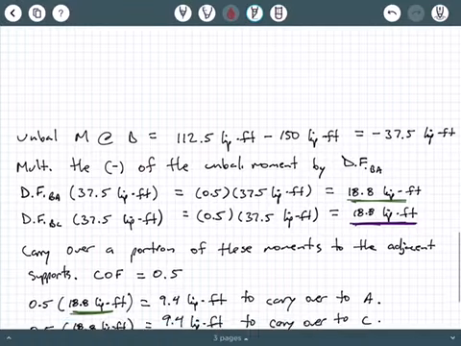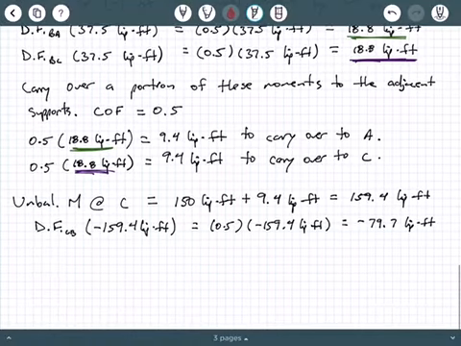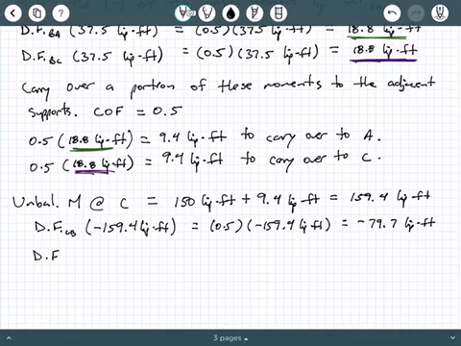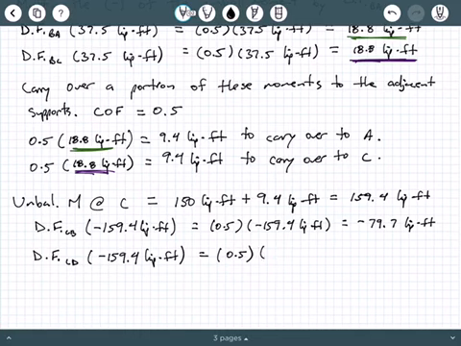Now we do the same thing, but on the other side. Okay, so we're going to scroll on back down, and we're going to say distribution factor CD times negative 159.4 kip feet is 0.5 times negative 159.4 kip feet, and we get negative 79.7 again.